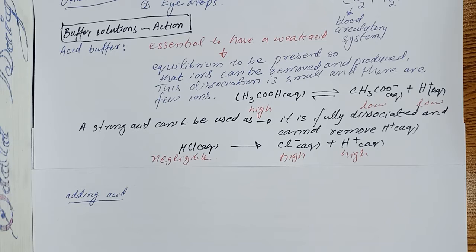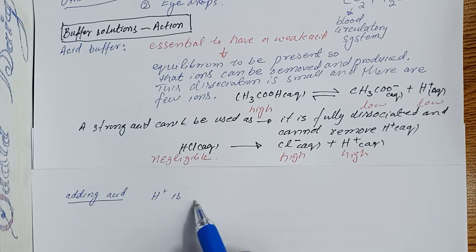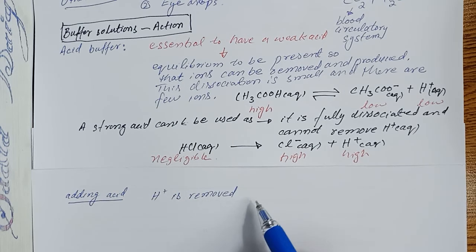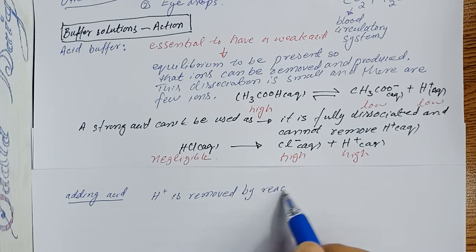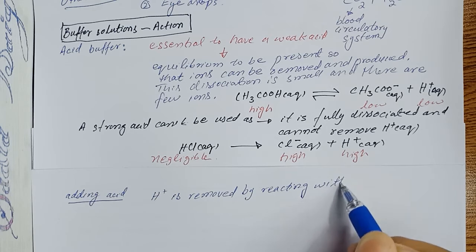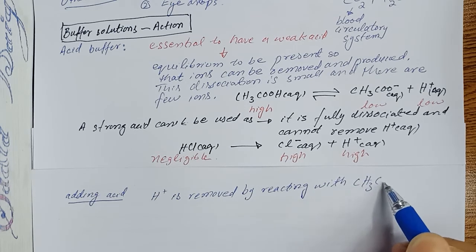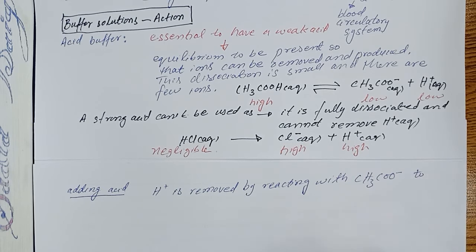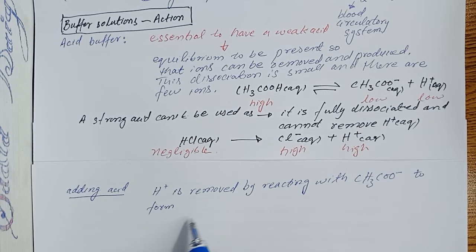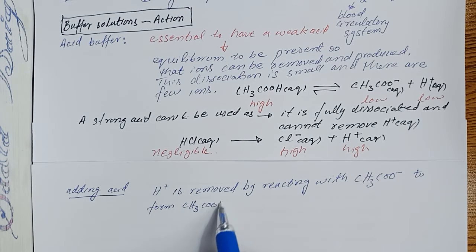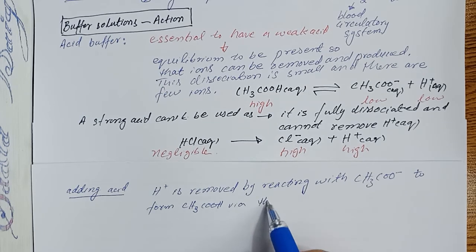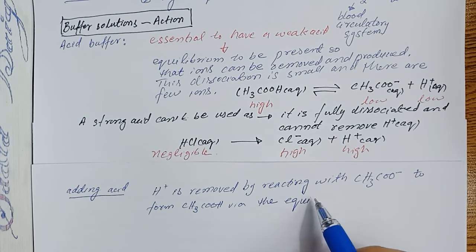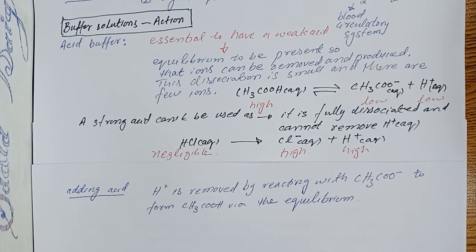Now let's discuss adding acid. Any acid added to the solution generates protons or hydrogen ions that are removed by reacting with acetate ion to form acetic acid via the equilibrium reaction.